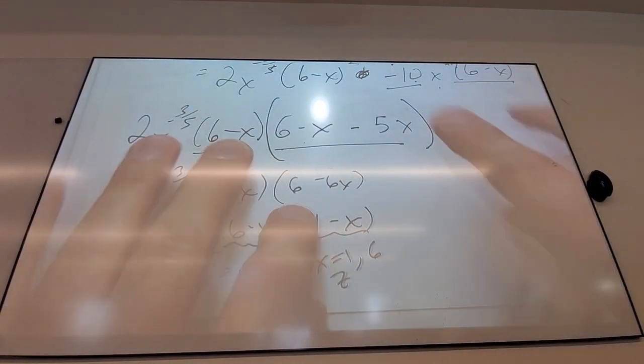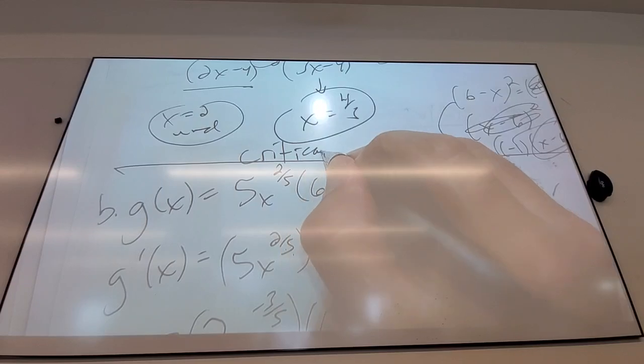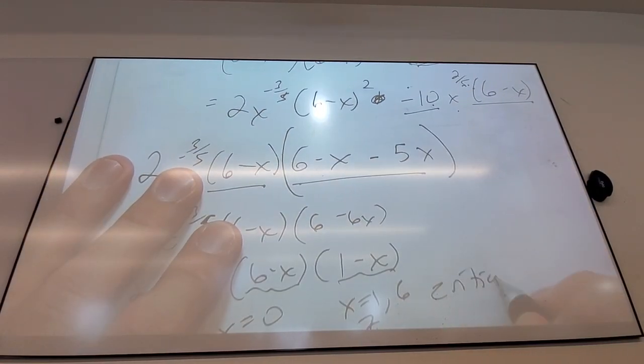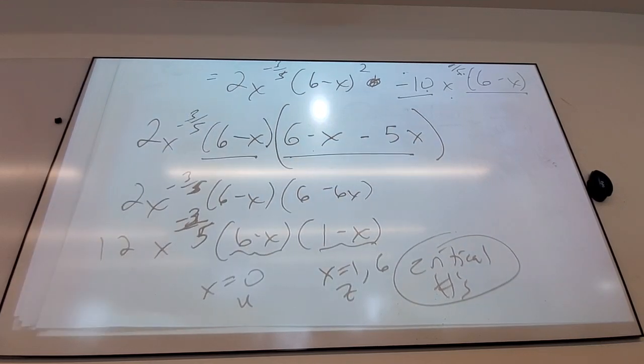So up here, these were the critical numbers, and down here, they are critical numbers. So those are the locations of possible maxes or mins. So the next thing we have to do is develop a process to test them. For each one of them, are they a max or a min or neither?